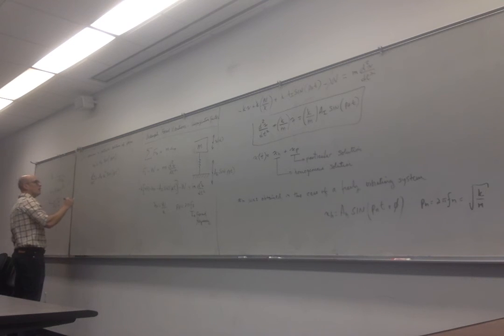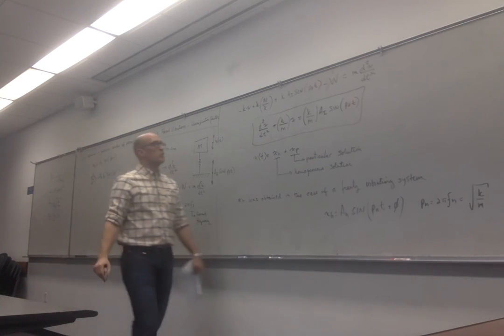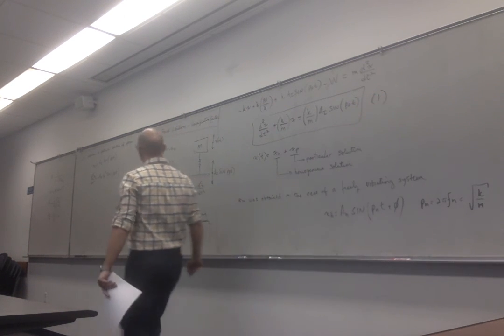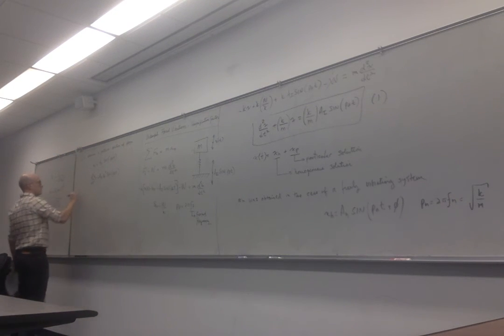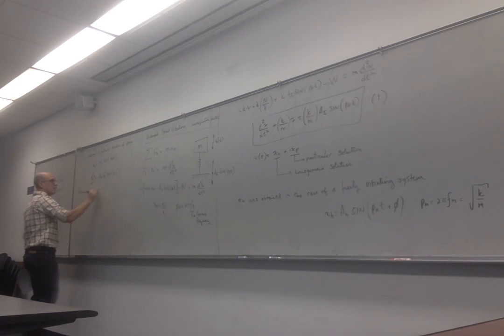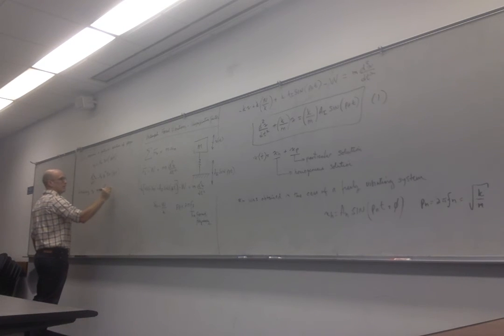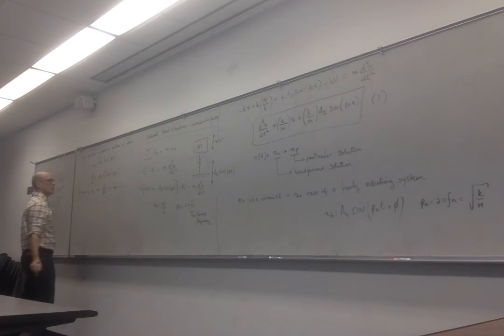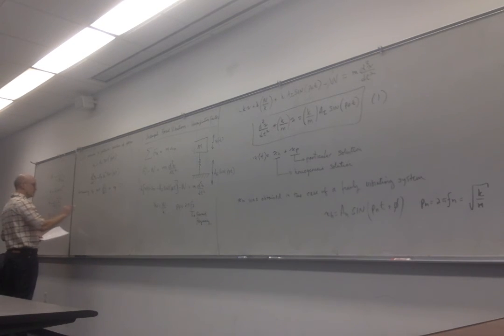Sorry, this is x_p. So if I call that equation 1, introducing x_p and d squared x_p dt squared in equation 1, what we get is, d squared x dt squared is this, so minus A_p p_f squared sine p_f times t.